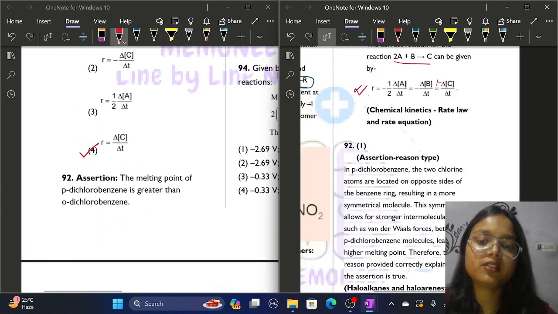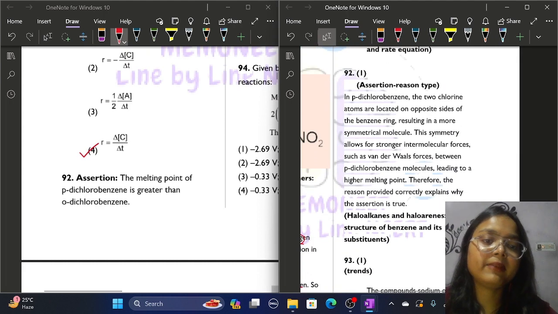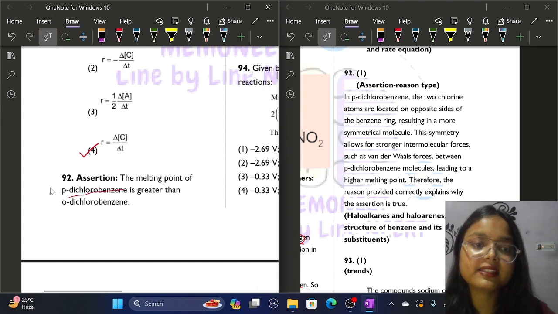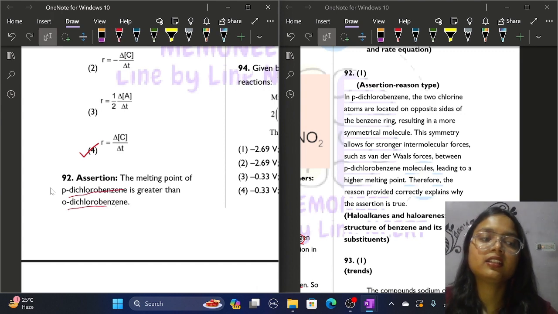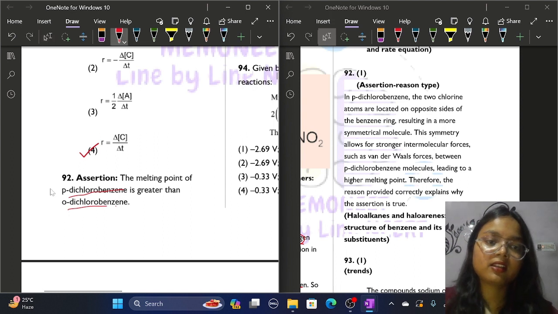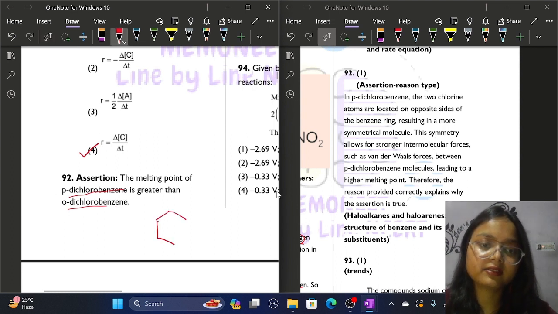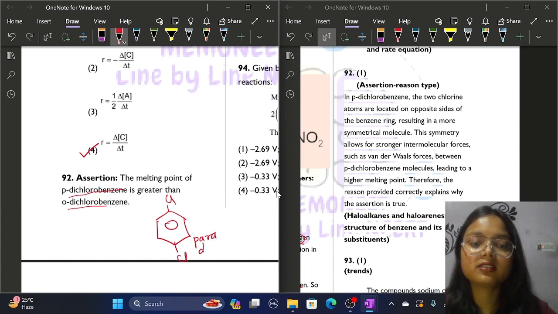For question number 92, the assertion is the melting point of para dichlorobenzene is greater than ortho dichlorobenzene. Okay, let's see. Here it is a benzene ring. The melting point of para dichlorobenzene is greater than ortho dichlorobenzene.